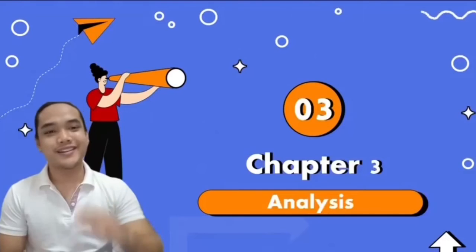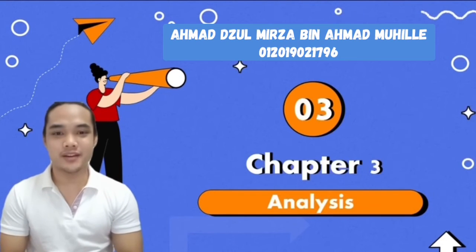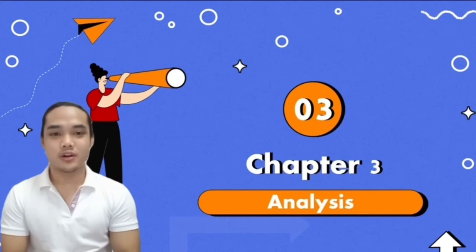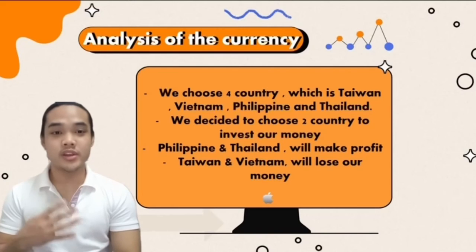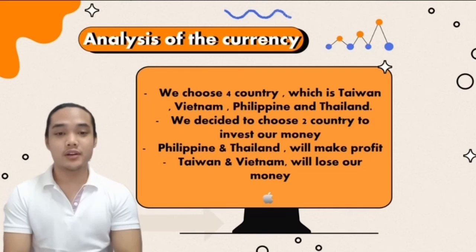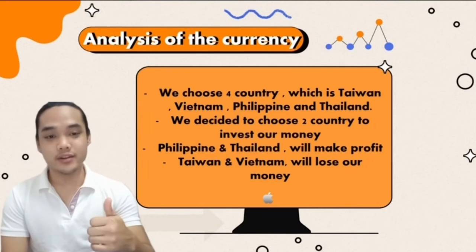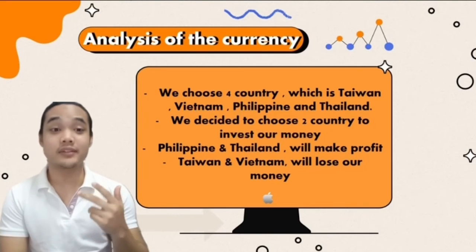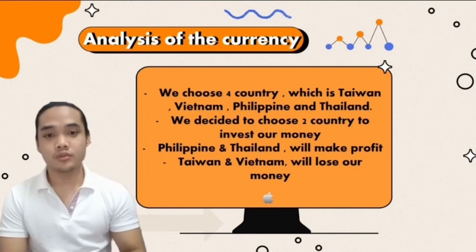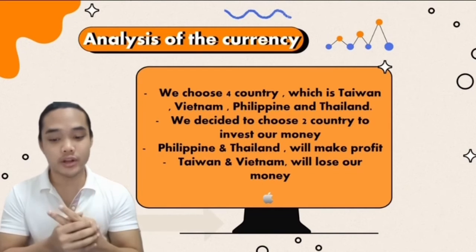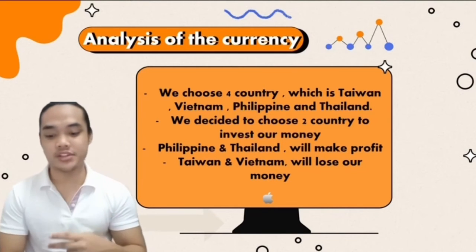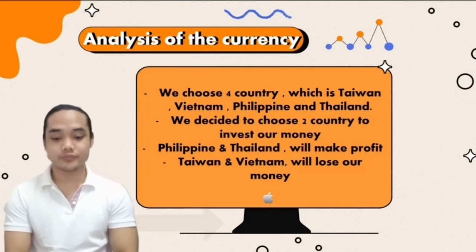Thank you so much. Hi, my name is Ahmad Mirza. And I'm going to explain to you the analysis of currency arbitrage. So we have choose 4 countries, which is Taiwan, Vietnam, Philippines and Thailand. Those 4 countries we have decided to choose 2 countries to invest our money, which is Philippines and Thailand.